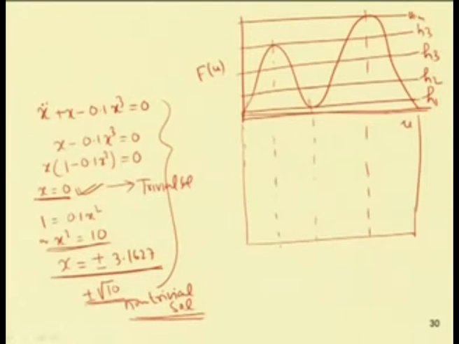So, in this case I can divide this zone. So, when this kinetic energy, that is half u dot square, plus this Fu.